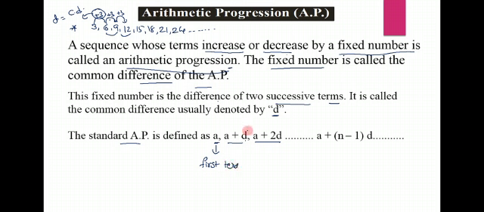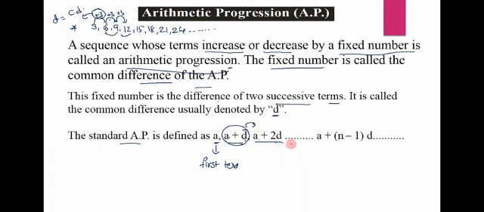How do we get the second term in this progression? To the first term we add the common difference. In the same manner, the second term is obtained by adding the common difference d to the first term, and if you add d to the second term, you will get the third term as a plus 2d.